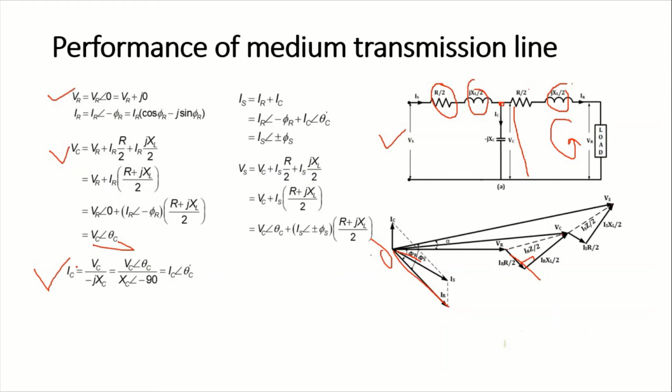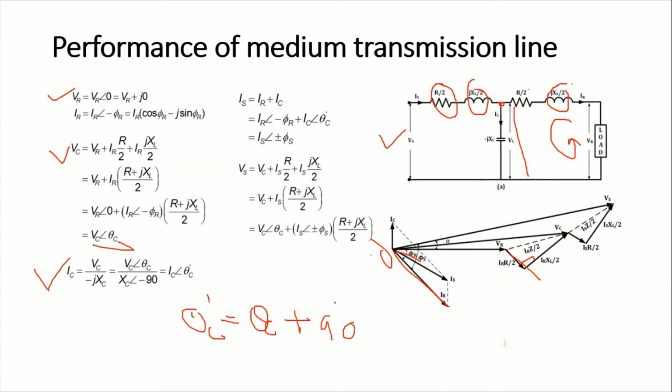And IC is VC divided by minus jXC, where VC is written as VC angle theta C, and the capacitive reactance can be written as XC angle minus 90, so it is equal to IC angle theta C dash. Theta C dash is equal to theta C plus 90.